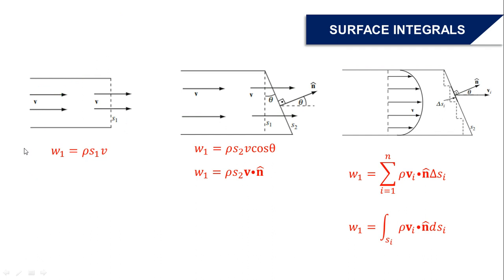The mass flow rate is equal to the mass density times the cross-section area times the velocity. So, ang unit natin dyan is kilograms per second.